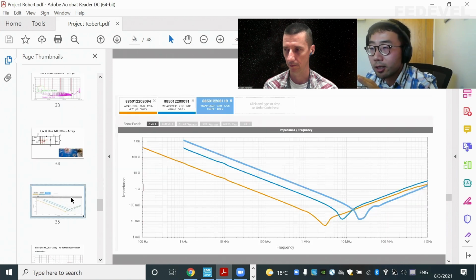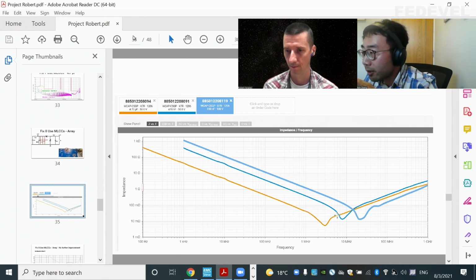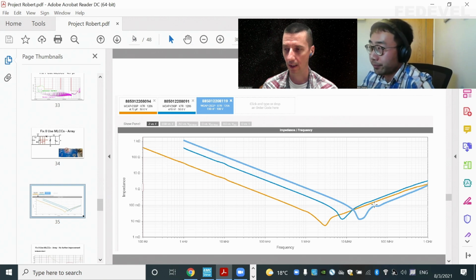If I look at the impedance against frequency curve, you can see I have low impedance from 1 megahertz to 10 megahertz. And then again, I have another low impedance, and then again another. When you say low impedance, it's like 100 milliohms.